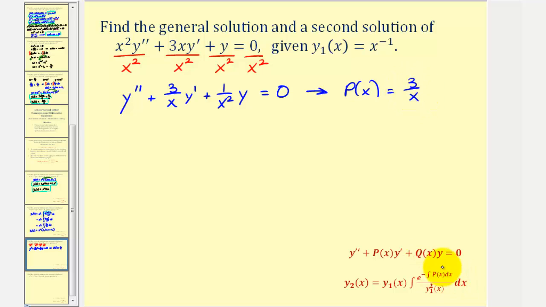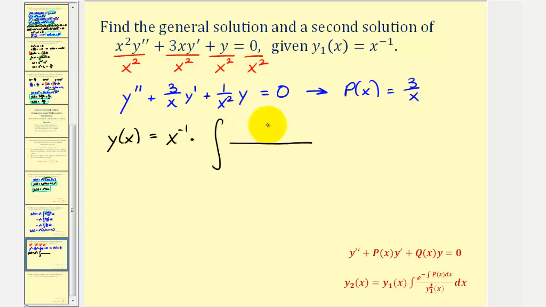And now we can go ahead and apply the shortcut formula given here. We would have y sub 2 of x. I'm going to just write y of x is equal to y sub 1 of x, which is given x to the power of negative 1, times the integral, and we have a fraction.